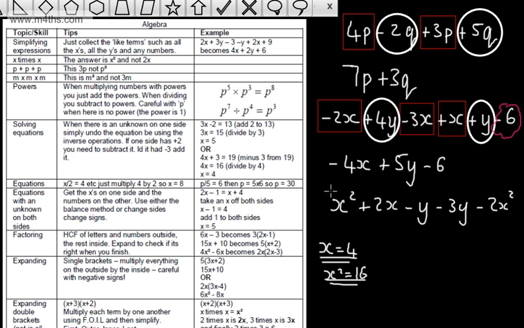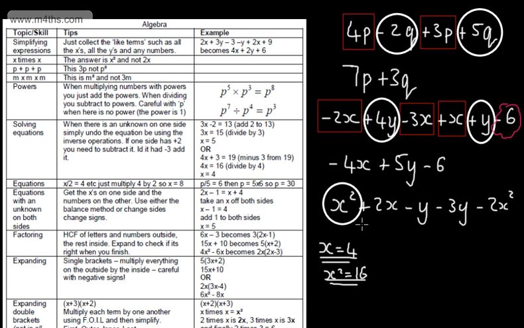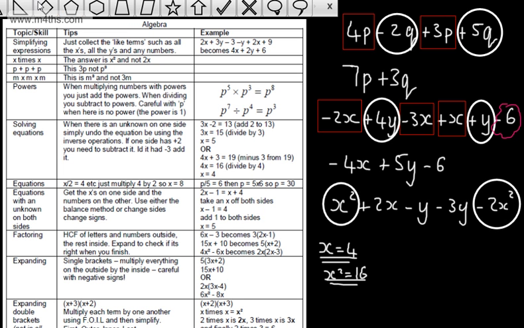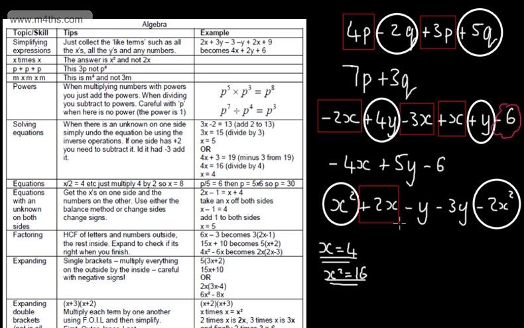So I'm going to collect the like terms. I've got plus x squared. I know it's plus because there's no sign in front of it to tell me otherwise. I've got minus 2x squared. I've got now the plus 2x. Then I've got minus y minus another 3y. So let's just put these around here.